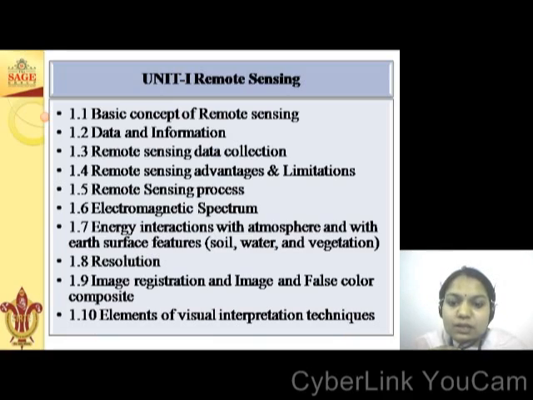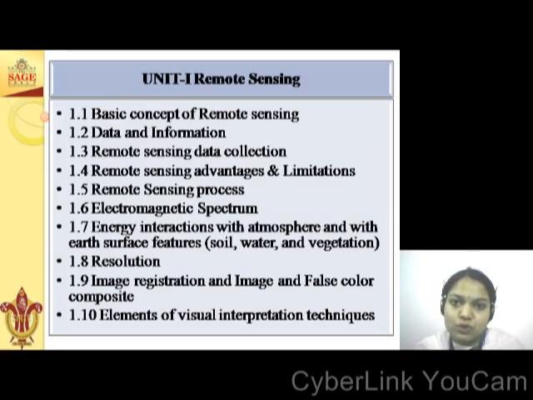Moving towards the content of Unit 1, we will start with the Introduction to Remote Sensing, where the first module is Basic Concept of Remote Sensing, then second module is Data and Information, third is Data Collection, then Advantages and Limitations, the process, the electromagnetic spectrum, energy interactions with atmosphere and the earth's surface, resolution, image composites, and the last, visual interpretation techniques.